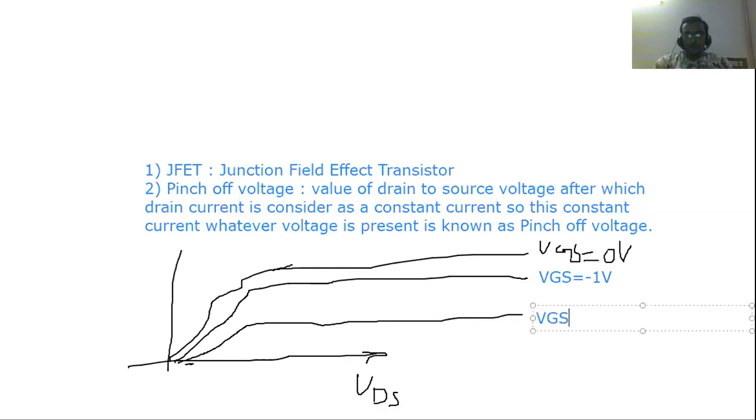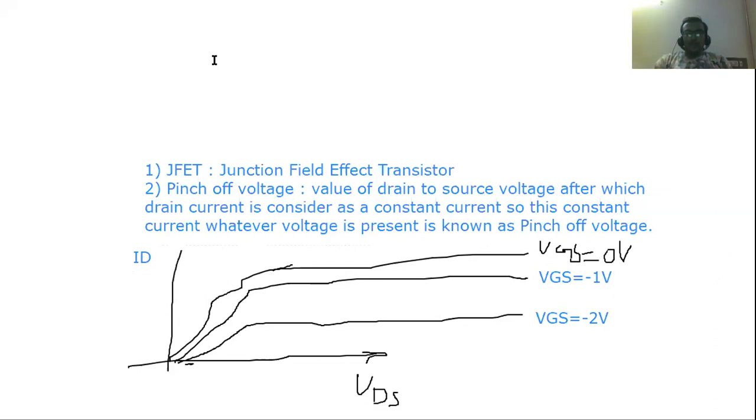Here, VGS equal to minus 2 volt. And here the current is known as ID. ID current, VGS equal to 0, VGS equal to minus 1, VGS equal to minus 2.